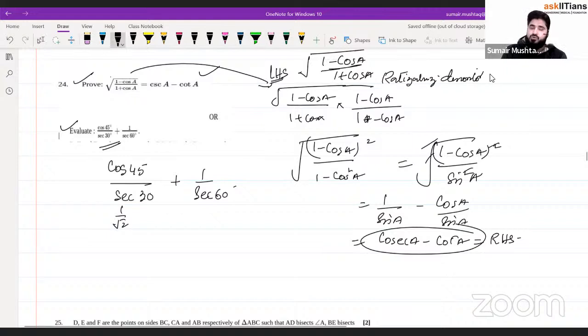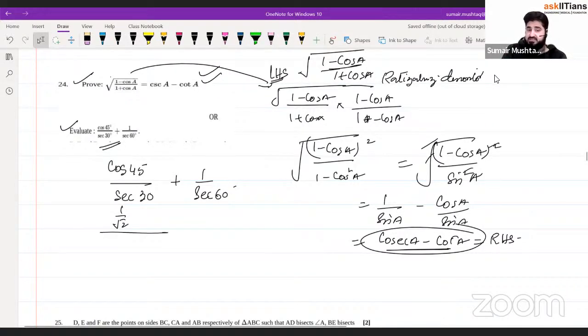Most of the people don't remember these formulas or trigonometric ratios. Now, when I got this answer, am I sure I have done my question correct? This was my point: if it is a proving question and you know both sides, go for this approach, because in the proving question you are sure that the result you got is your right hand side. That means my question is 100% done.